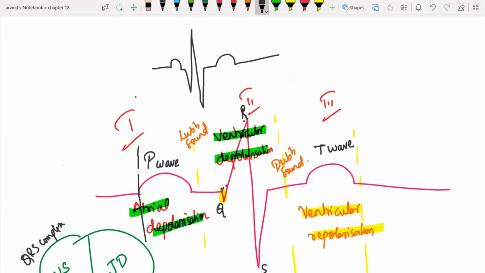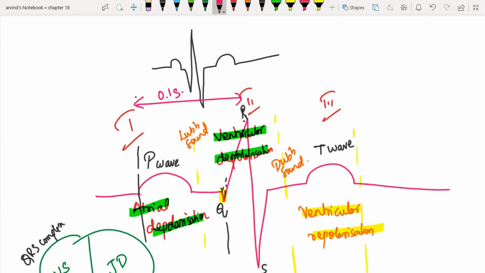If I ask you what is the PR interval, it is the interval between atrial depolarization and ventricular depolarization, or between atrial systole and ventricular systole. So again, it is 0.1 second. The PR interval is 0.1 second.